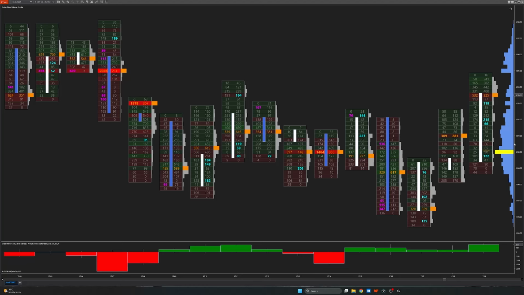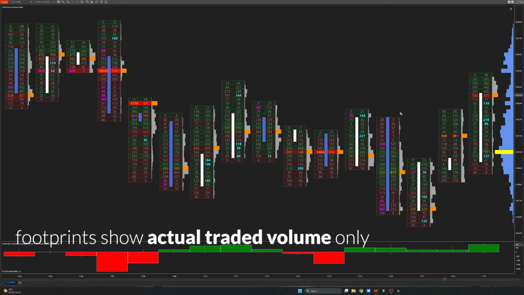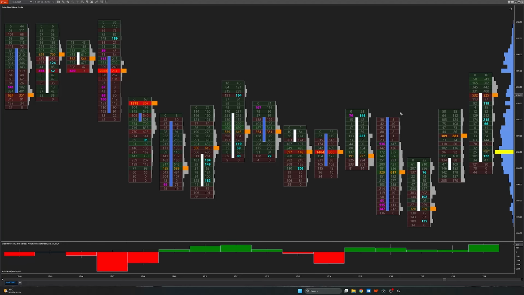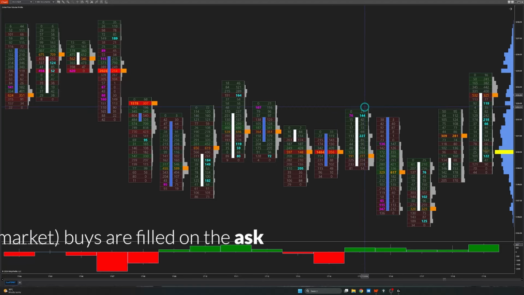Now, what the volumetric chart is showing you is only the filled trades, and it always happens at Bookmap's mid price. However, these trades are either filled on the bid or they're filled on the ask. Now, why is that? Usually, not always, but usually, buyers will be filled on the ask. Why is that?